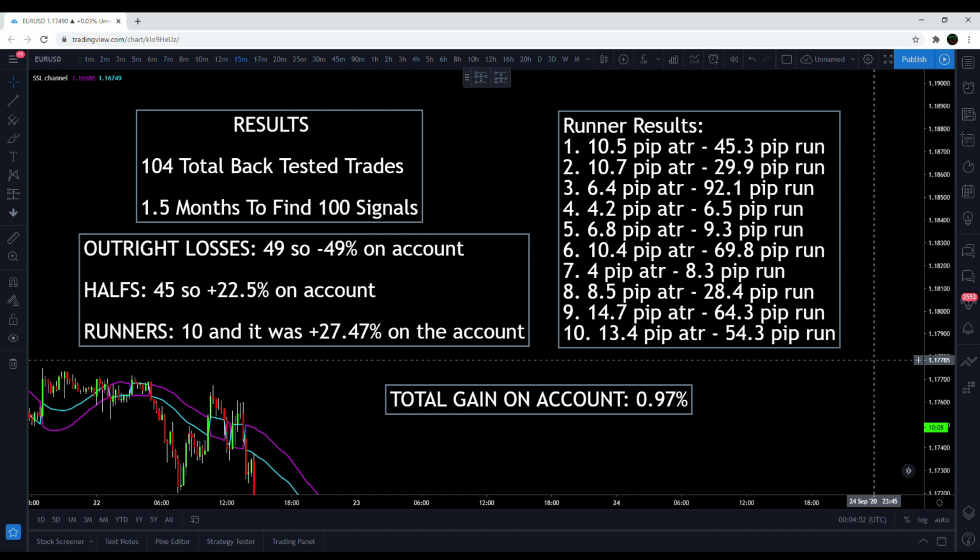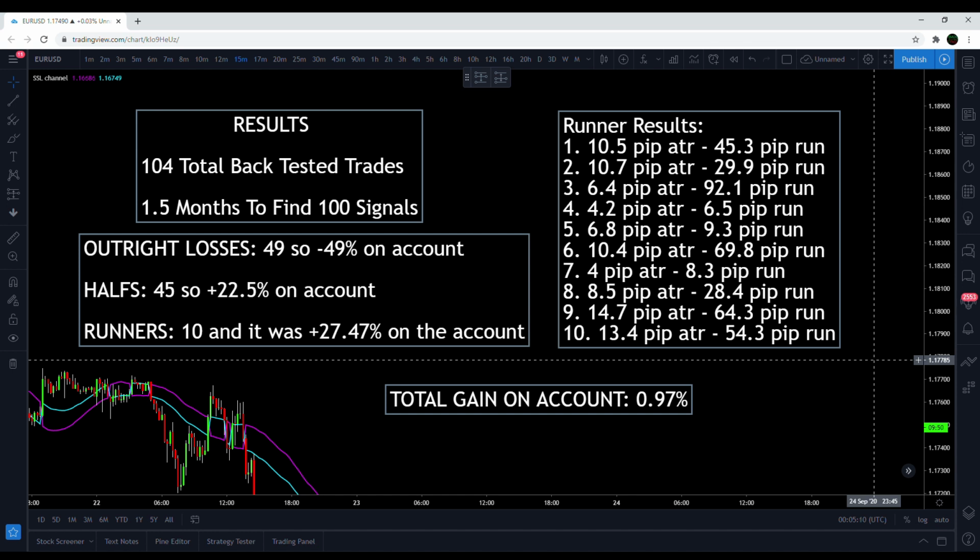So since it's only 1 ATR value away, it's just too close. There's not enough wiggle room. A lot of the time it would hit that first profit target, then come back down, stop out the new stop loss that had been moved to break even, then go on a huge run.